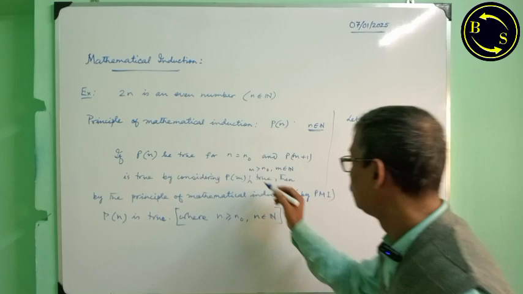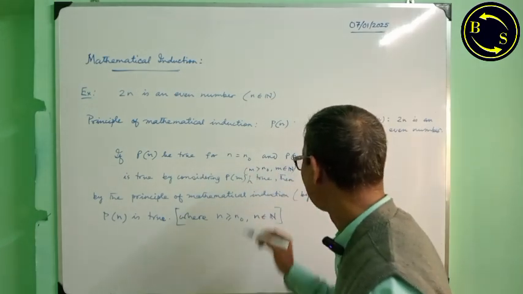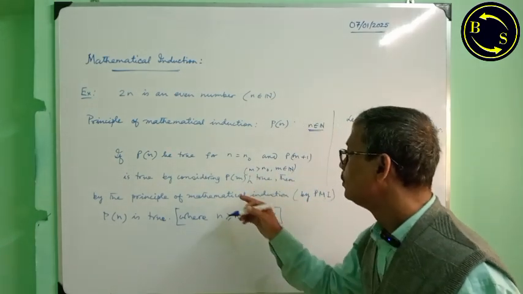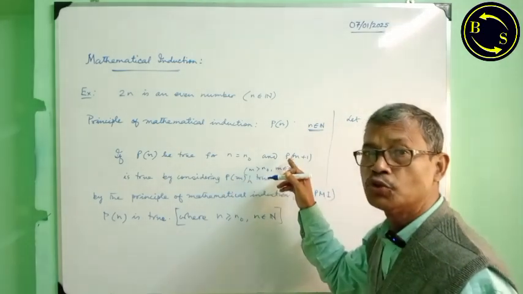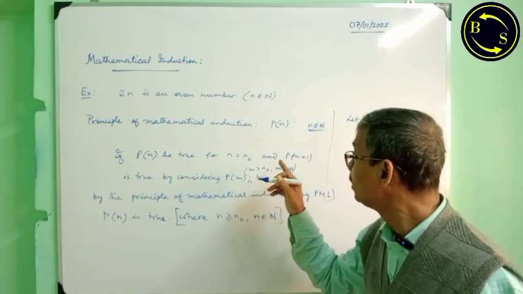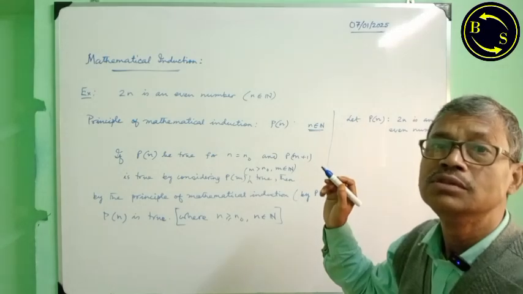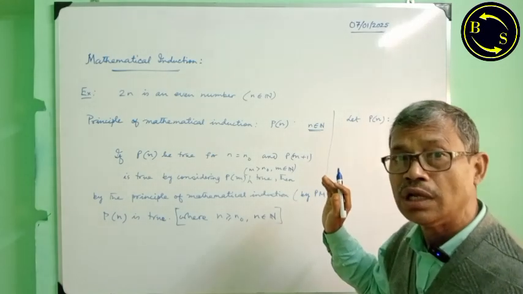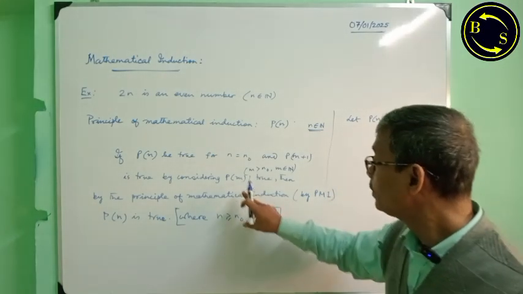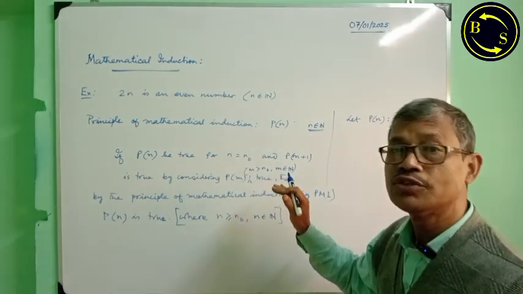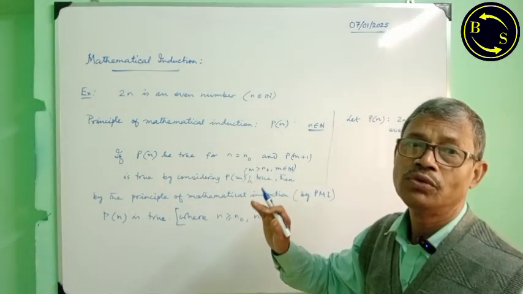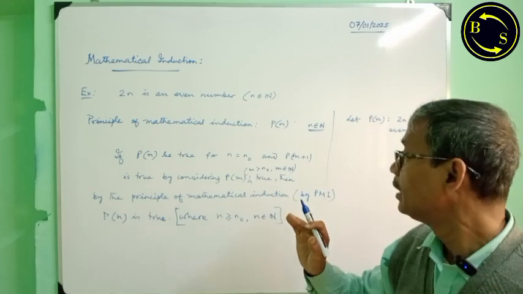Now taking Pm to be true, we show by actual calculation Pm plus 1 is true. Say for m equal to 3, the statement is true. That is the basic step. We call that the basic step.